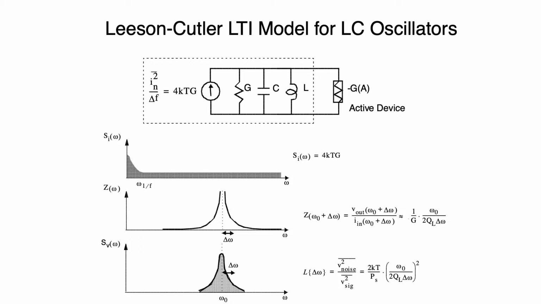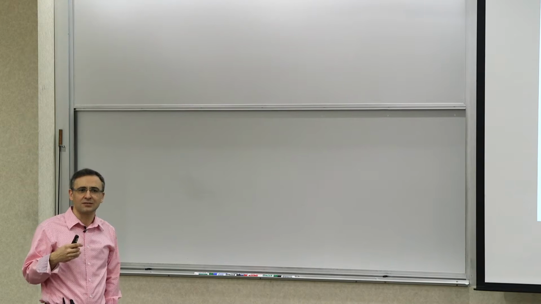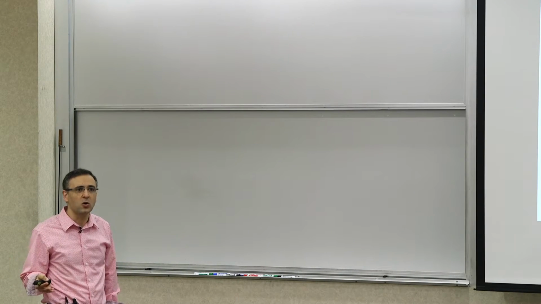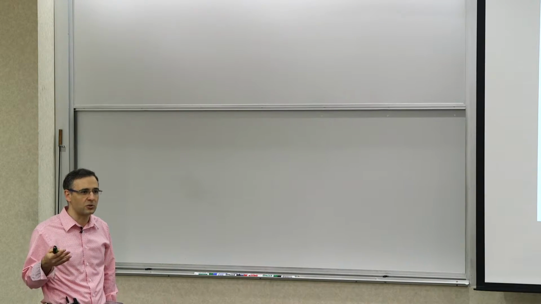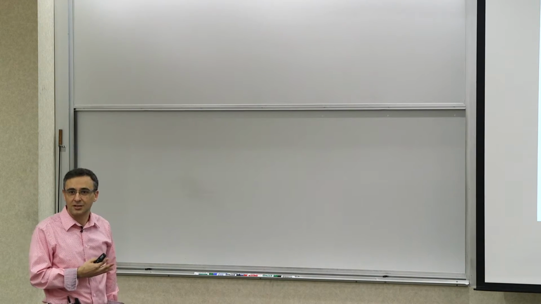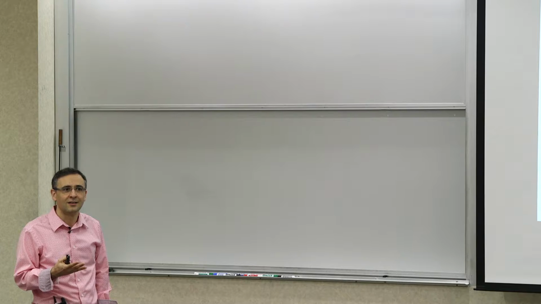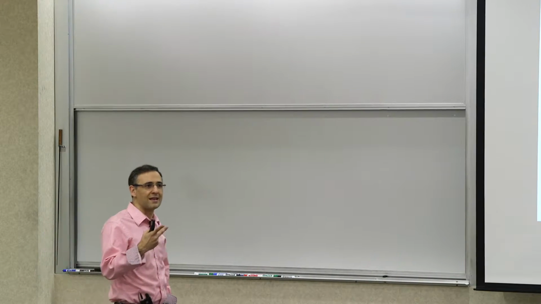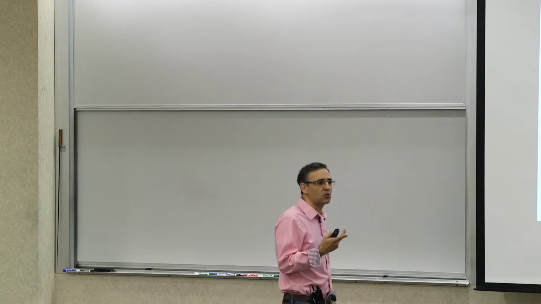But the interesting thing is that, yes, the negative resistance can cancel the positive resistance, but the noise of the positive resistance and the noise induced by the active device are uncorrelated, because they're generated by two different sources. As a result, they will not cancel each other. They just add to each other. Although the conductances are canceling, the noise sources are not.